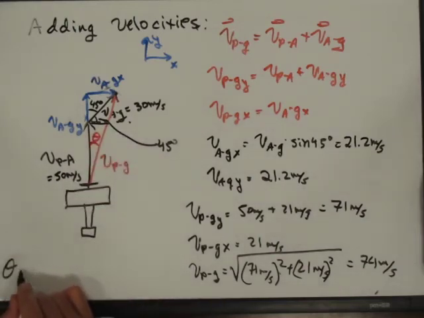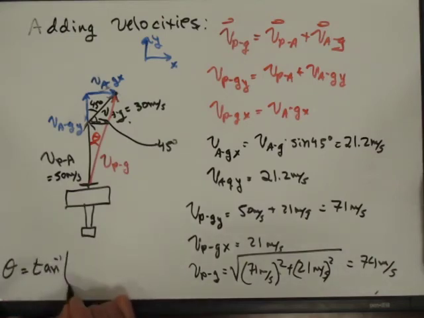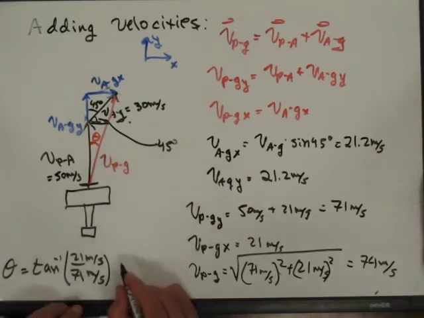Theta equals tan inverse of 21 over 71. Those units will just cancel, right? So 21 divided by 71, that's 17 degrees.